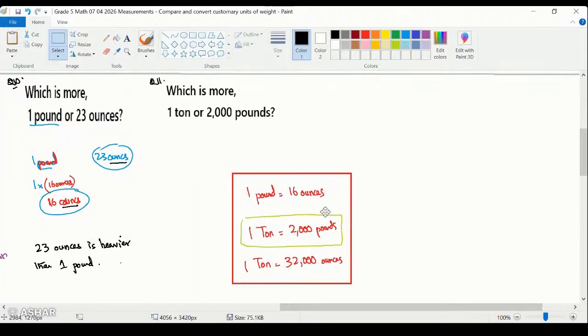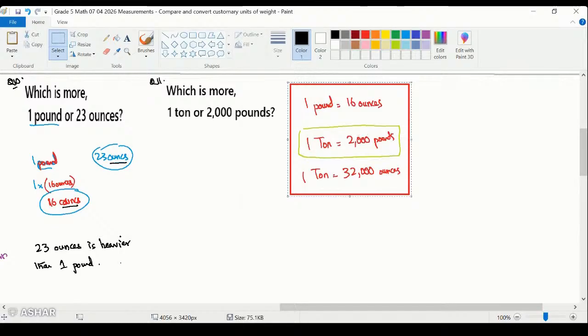When we already have this information with us, what can we say? We had the two quantities, tons and pounds. In place of the ton, we can replace it by 2,000 pounds, right?